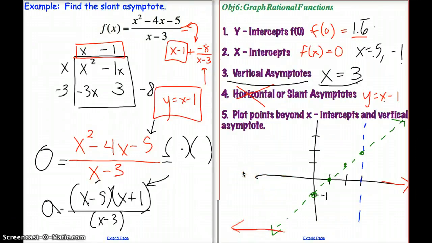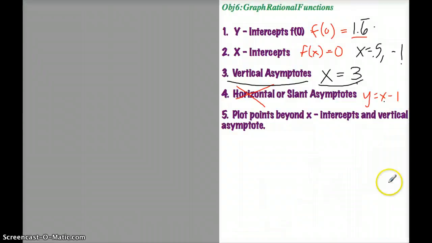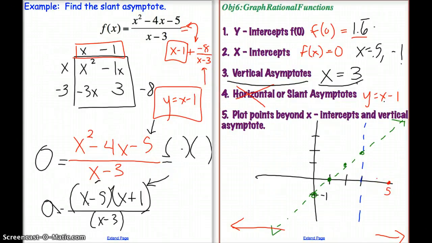Okay, so let's take a look at plotting our points and starting to picture what this is going to look like. We have the two intercepts at 5 and negative 1. So here's 5 over here, and then we have another one at negative 1. And then we have a y-intercept at 1.6.